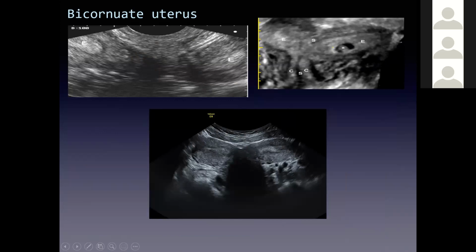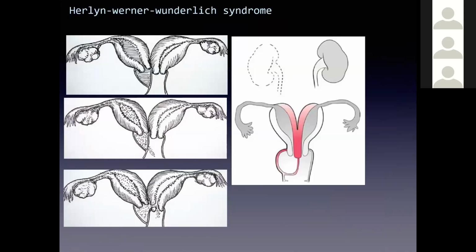And sometimes we face certain conditions which affect not just the cavity of the uterus and not just the cervix, but also the vagina. One famous syndrome is called Herlyn-Werner-Wunderlich syndrome. And it's actually not very rare, because I see quite a lot of those when I'm doing assessments.